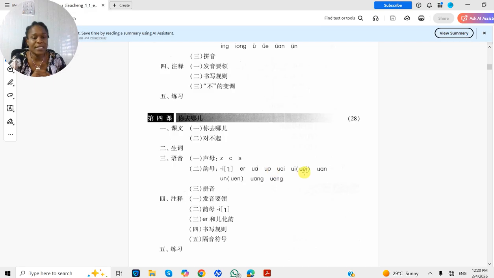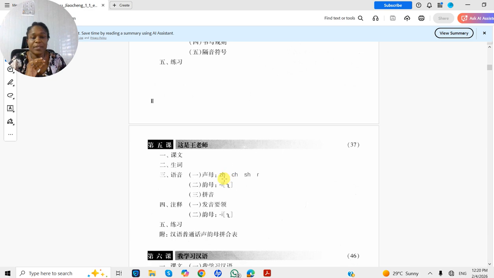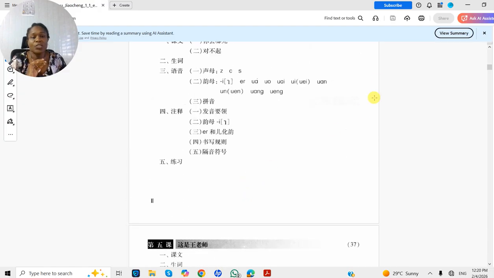These are finals that are often used with the Z, C, S. And when you talk about the ZH, the CH, and the SH, some of these finals are mostly used with them. The ones with UAN, UEN, UN, UANG, UENG always go with it.